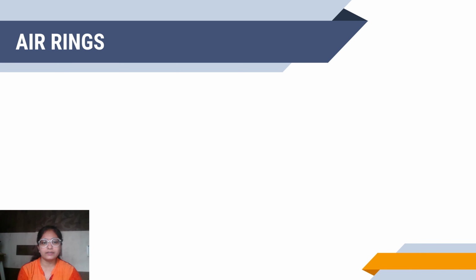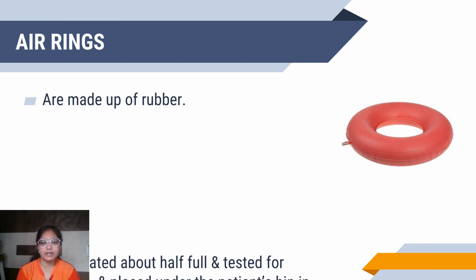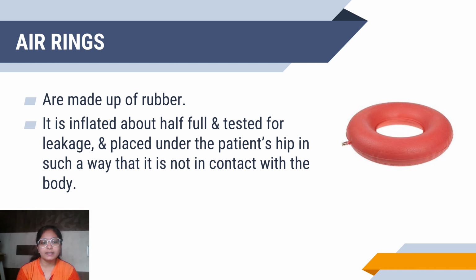Next is air rings. This is the picture of air rings. This looks similar to an air cushion. Air rings are made up of rubber and are inflated about half full of air. Before inflating, it should be tested for any leakage, and after filling with air, it is placed under the patient's hip in such a way that it is not in direct contact with the body.